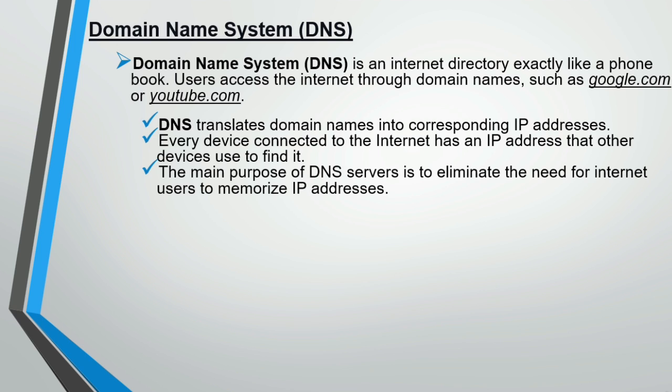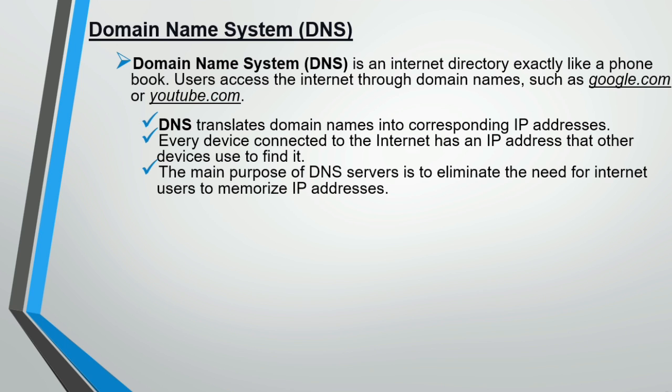Domain Name System (DNS). A DNS is an Internet directory, exactly like a phone book. Users access the Internet through domain names, such as google.com or youtube.com. DNS translates domain names into corresponding IP addresses.